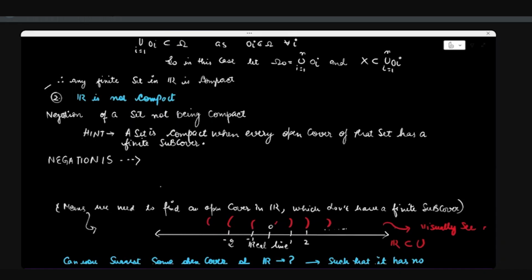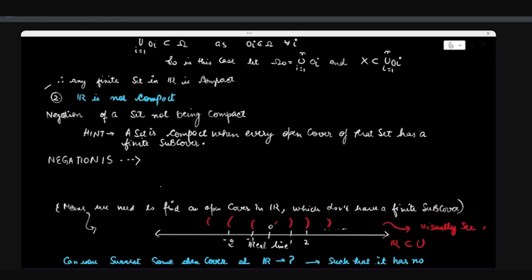Clearly, a set is compact when for any open cover we are able to find a finite subcover. So the negation is that there exists an open cover of the set K such that we are not able to find a finite subcover.